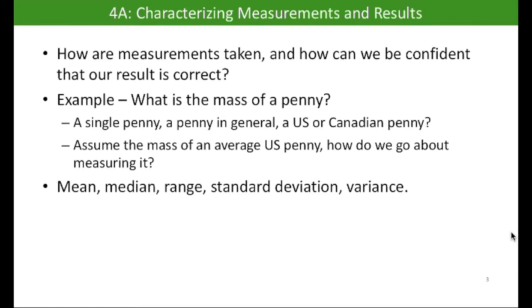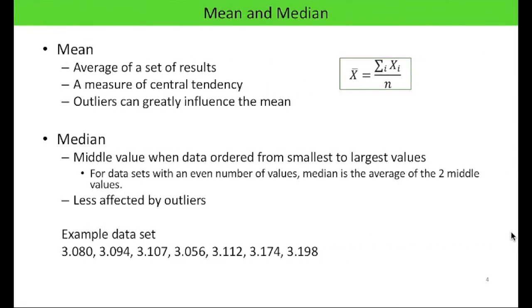You would have to take a representative sample, determine the average mass of that representative sample, and then apply some statistics, which we'll go over in a later chapter, to determine what the mass is, plus or minus some uncertainty. Some of the ways that we could characterize a measurement are by its mean or average, its median, the range, standard deviation, and variance.